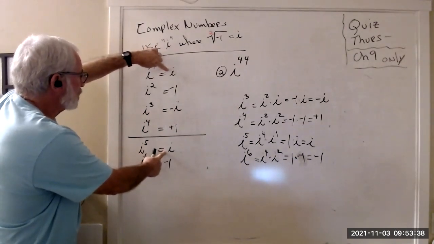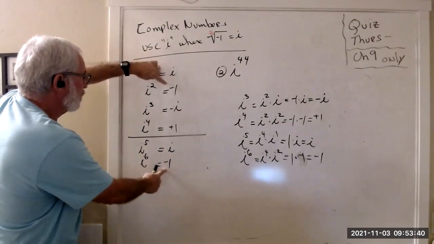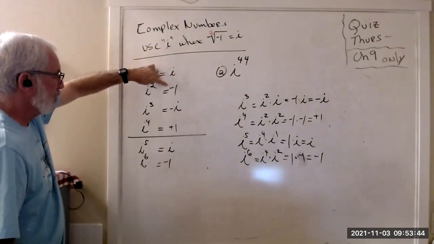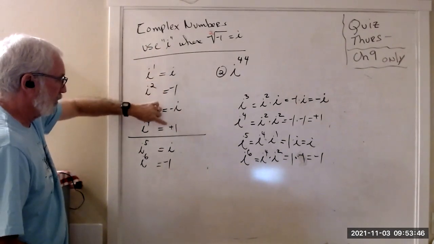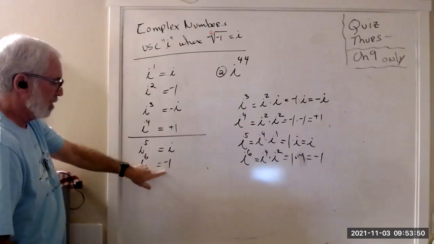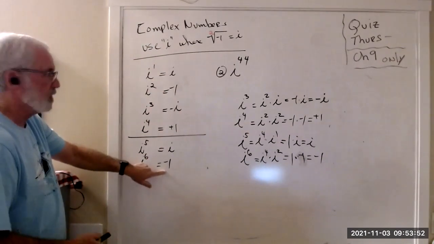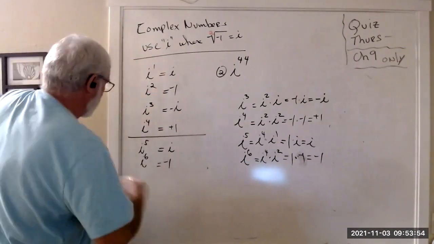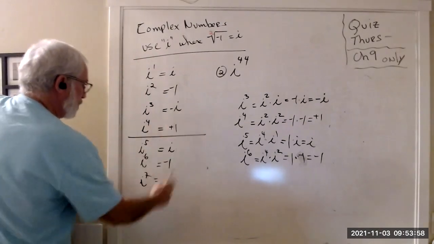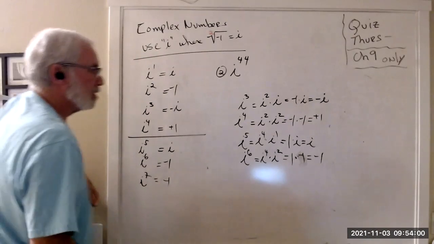I see a pattern here: i, -1, -i, +1, i, -1. Okay, let's guess. According to the pattern, i to the seventh should be -i. Well, is it?